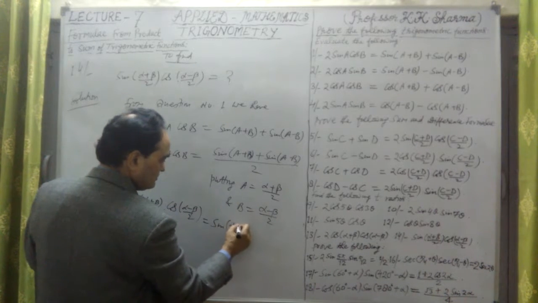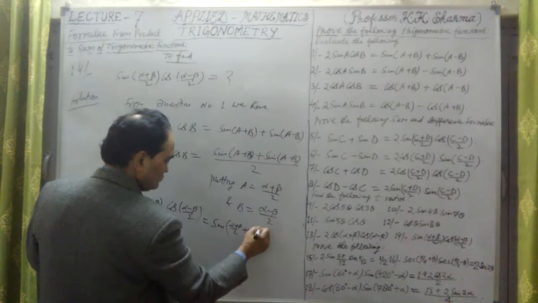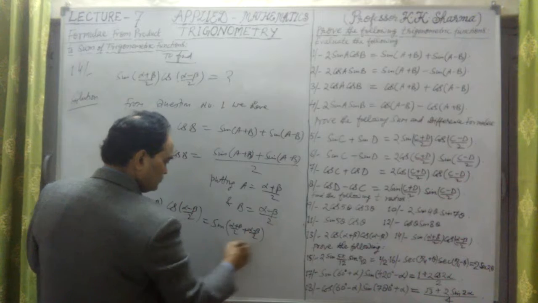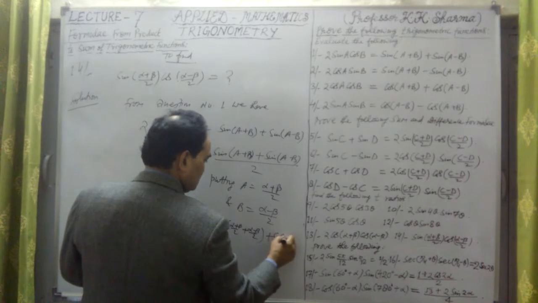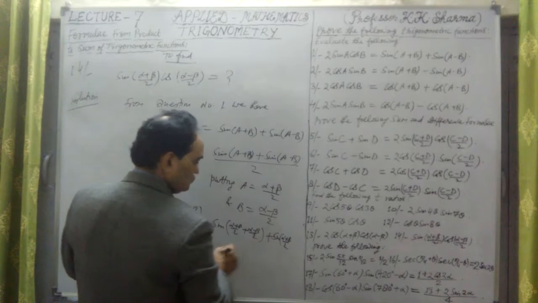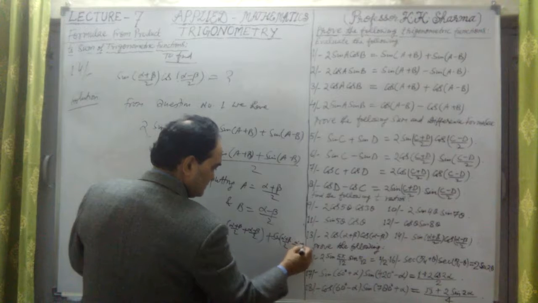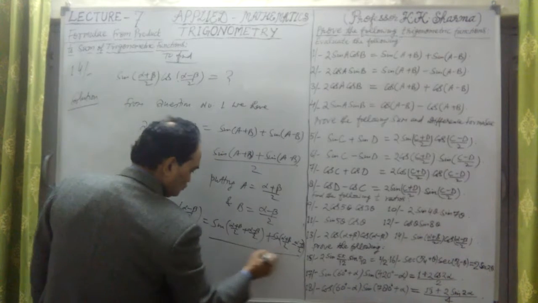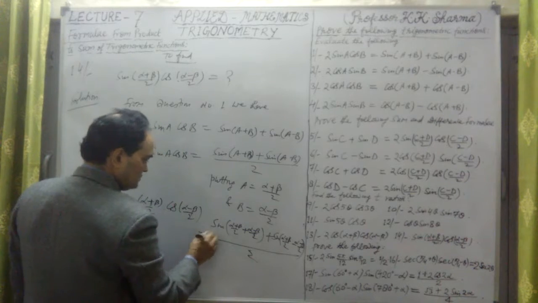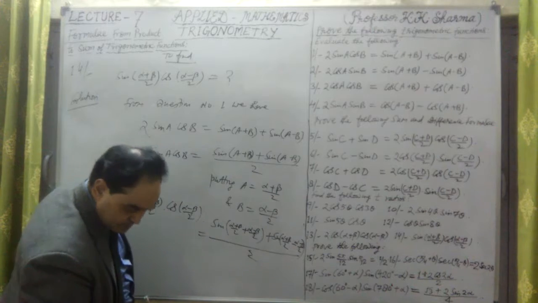So this is alpha plus beta upon 2 plus alpha minus beta upon 2, plus sine of alpha plus beta upon 2 minus alpha minus beta upon 2, upon whole 2. Now let me solve it.